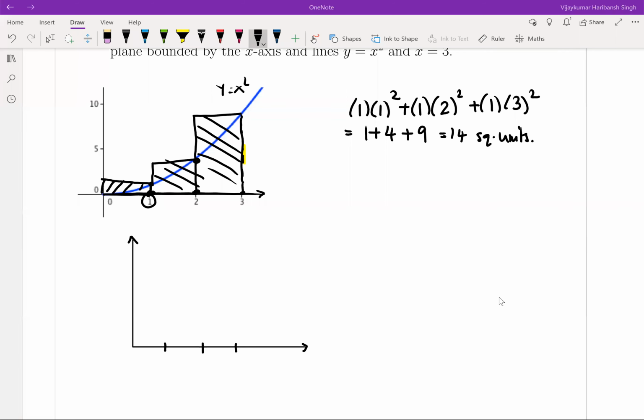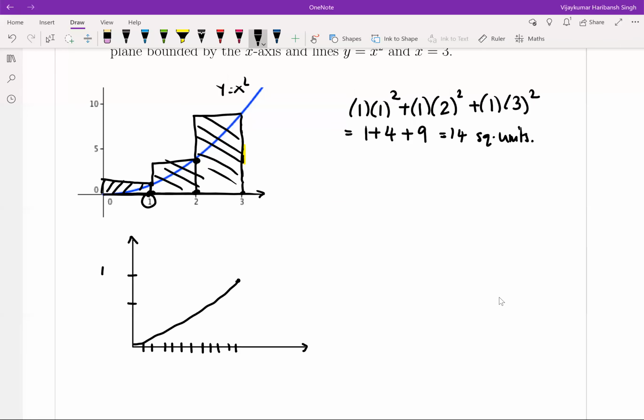So again, 5 and 10. So instead of having 3 rectangles, we will basically divide into smaller parts. So we'll divide it into n rectangles.